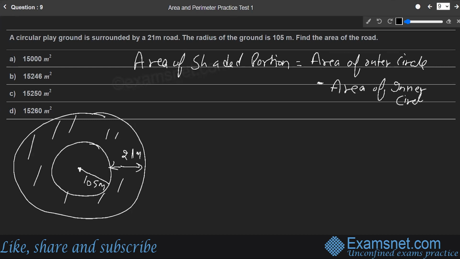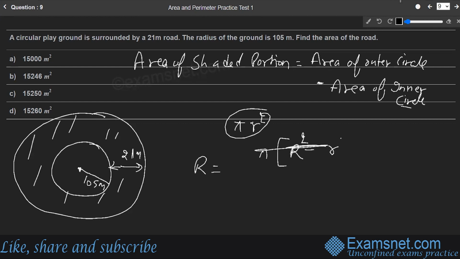This is how it is calculated always. The area of a circle is given by pi r square. So it has to be pi capital R square minus small r square, because let's say the larger radius is capital R and the smaller radius is small r.